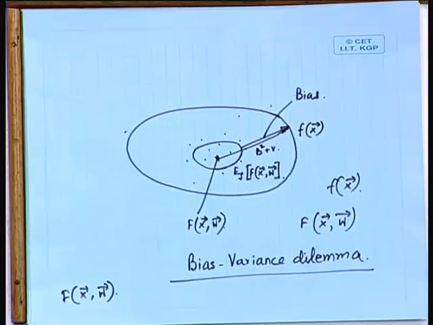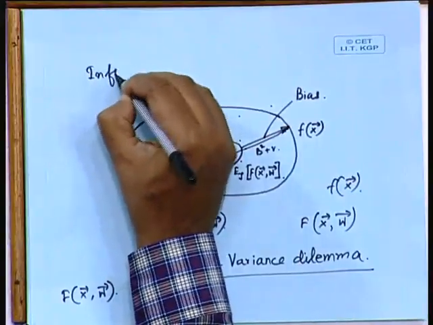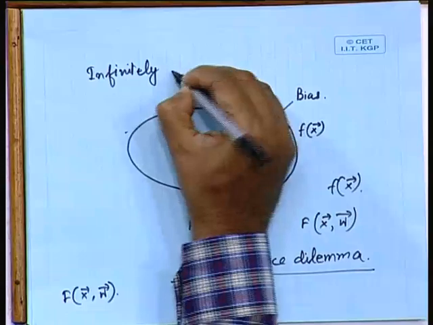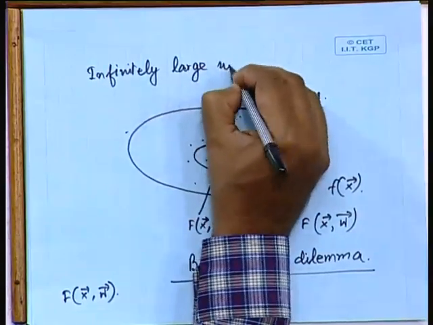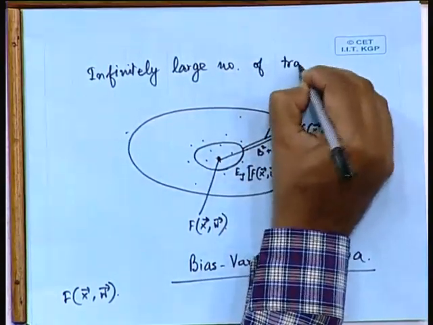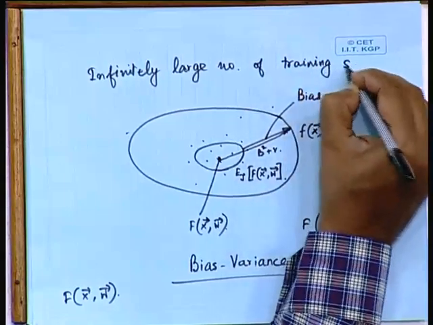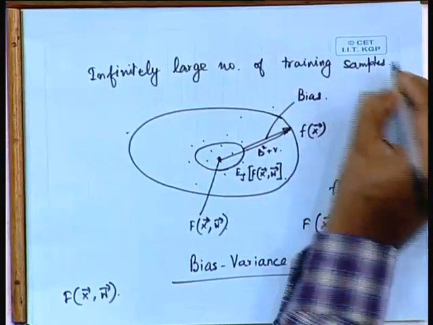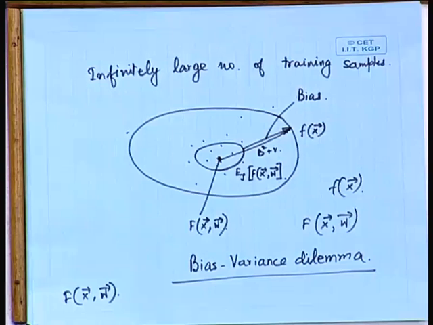But ultimately, to take care of both bias and variance, what we have to do is to have infinitely large number of training samples. If we have infinitely large number of training samples, only then it should be possible for us to reduce both bias and variance.